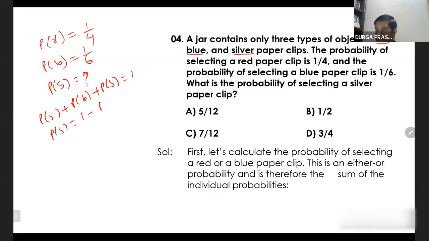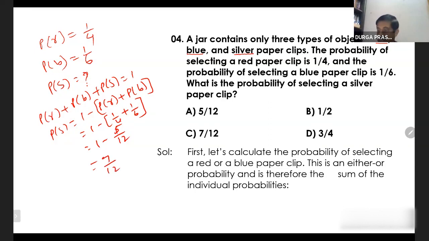It is 1 minus P of R plus P of blue. So that is 1 minus of 1 by 4 plus 1 by 6. The LCM is 12, so you'll be getting 2 plus 3, 5. So 1 minus 5 by 12 gives 7 by 12, which is option C.